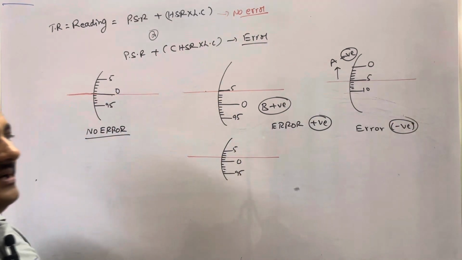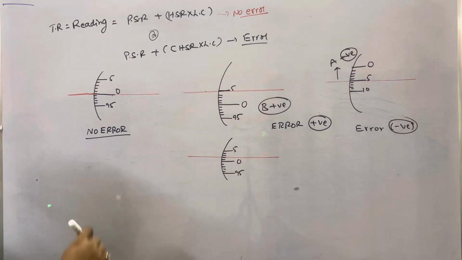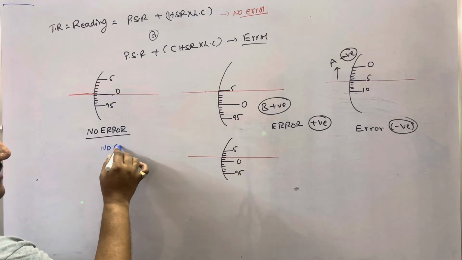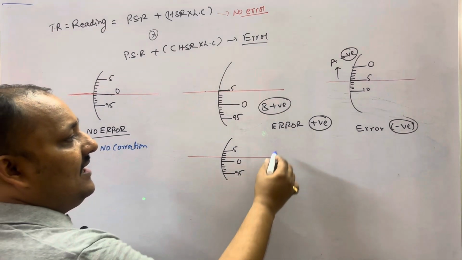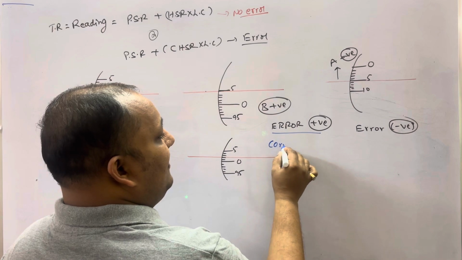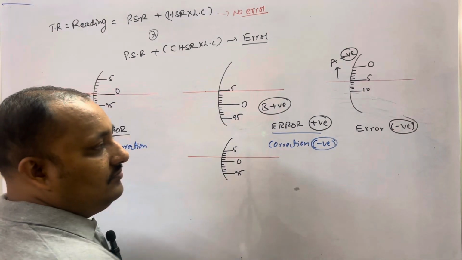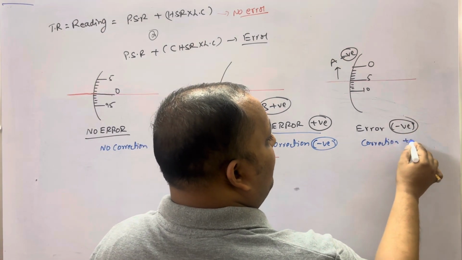Once you remember the error, the correction we can write quite opposite, like vernier calipers. No error means no correction, because there is no error. Here the error is positive, therefore the correction should be negative. Here the error is negative, therefore the correction should be positive.